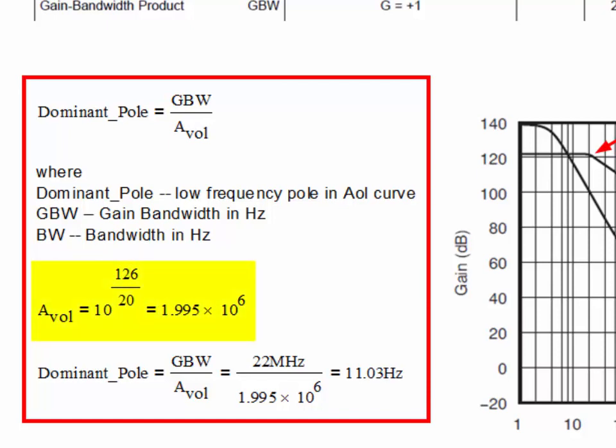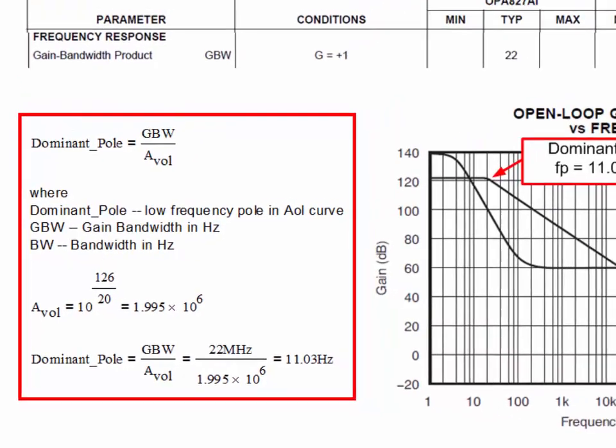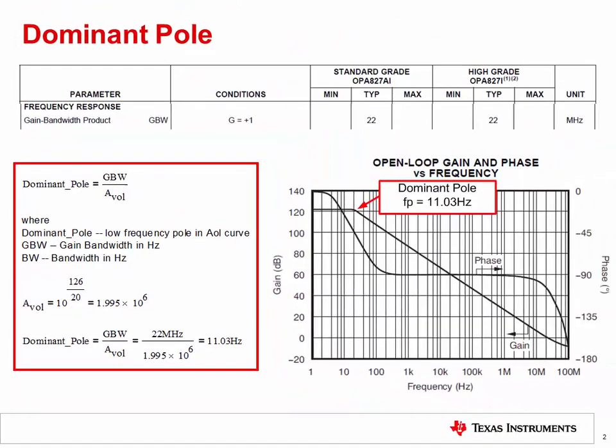We can convert 126 dB to its linear representation using this equation. Substituting 22 MHz and 1.995 times 10 to the 6th for gain bandwidth and open loop gain respectively yields a dominant pole frequency of 11.03 Hz. This calculation is consistent with the graph from the datasheet.